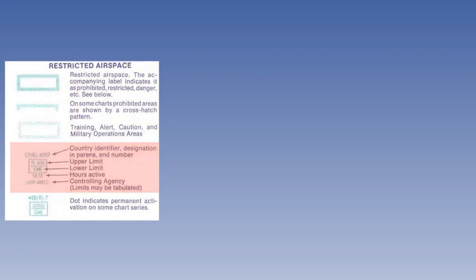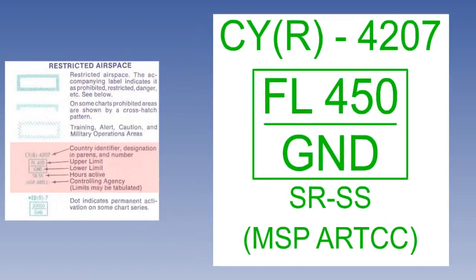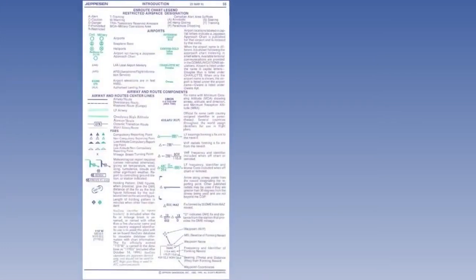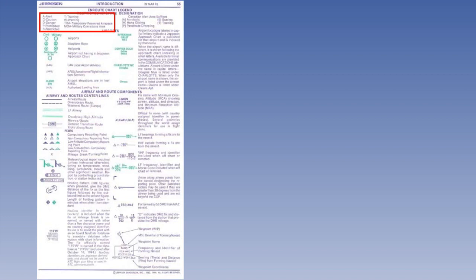Within the outline, as shown by the next symbol, the type, identification, upper and lower limits, and hours of operation are tabulated as shown. A dot next to the restricted airspace identifier indicates that the area is permanently active. The letters indicating the type of airspace are shown at the top of page 55.